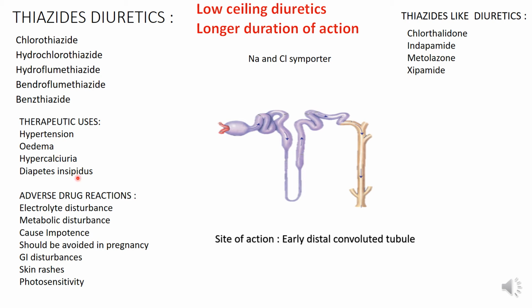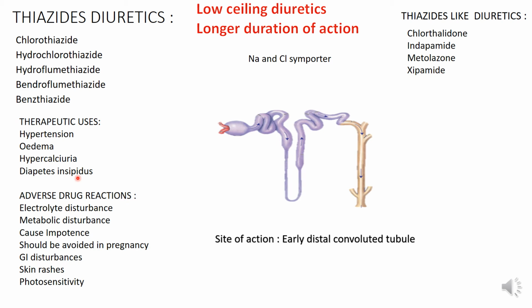But what happens in diabetes insipidus? We studied that in diabetes insipidus there is more urination, meaning a large volume is excreted as urine, maybe because of the nephron's inability to respond to ADH, the antidiuretic hormone, or maybe because of low secretion of ADH, as ADH is used to reabsorb water.